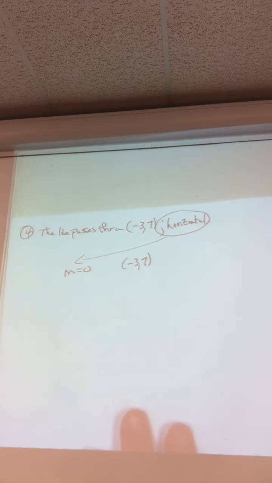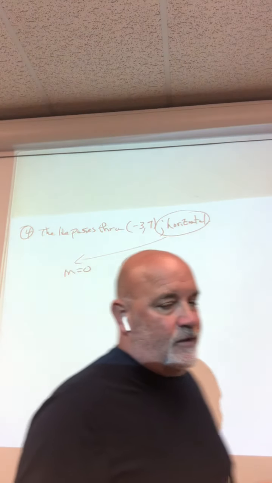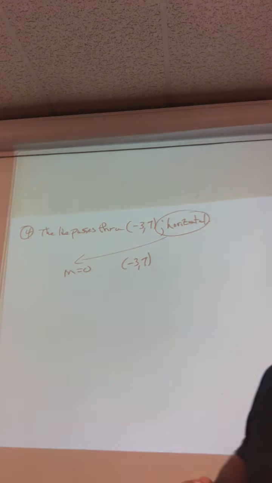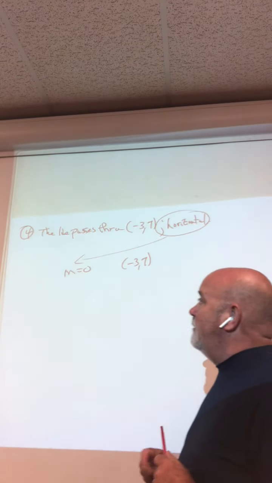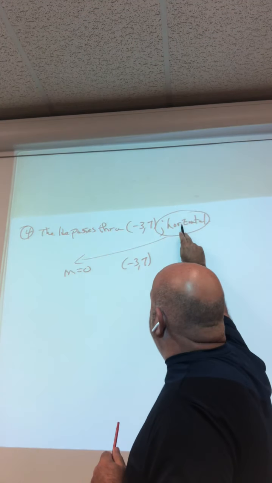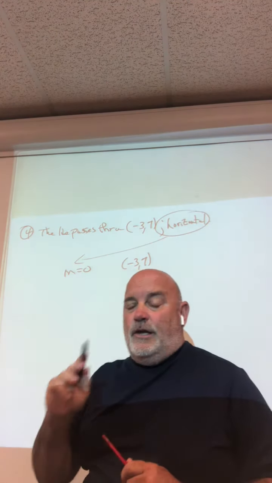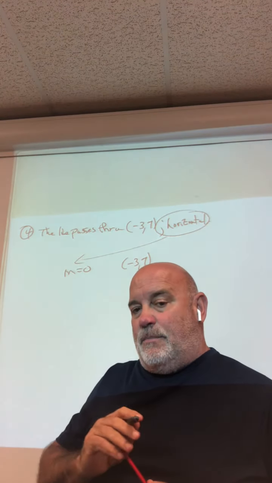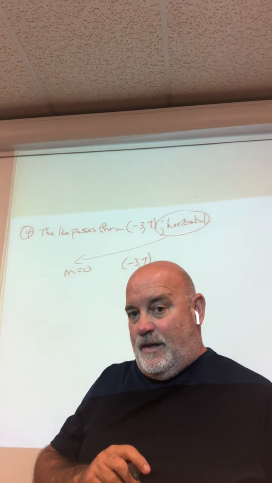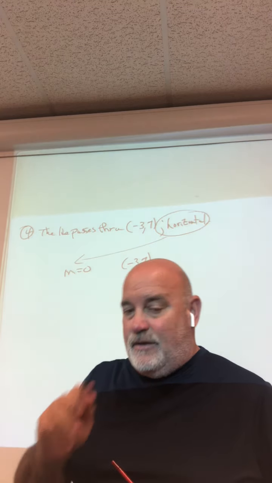Okay, now, I'm fixing to show you 2 ways to do this one. But you got to know your facts. There's one quick way to do it, and then there's another way to do it. Here's the quick way to do it. If you have a horizontal line, do you remember which letter has to be in your equation? Is it just a X or just a Y?